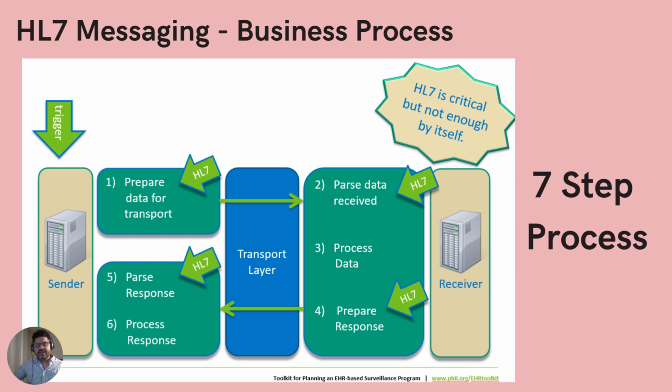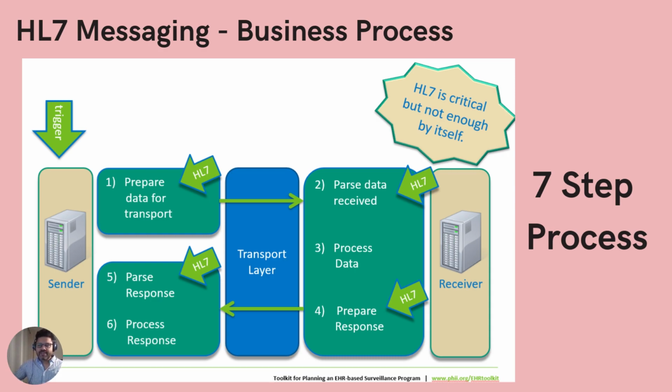Next, the sender connects to the receiver through a transport layer. This step usually includes authentication. The third step is that the receiver gets the package of data and parses it. The fourth step is that the receiver processes the data, applying the local business rules and workflow engine rules as per the receiving system.